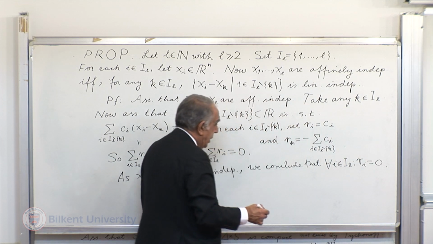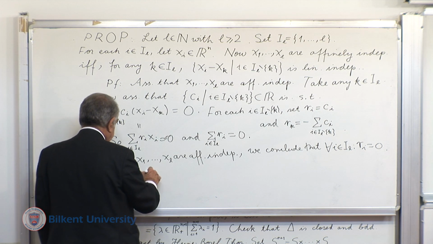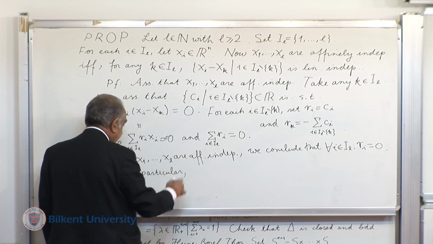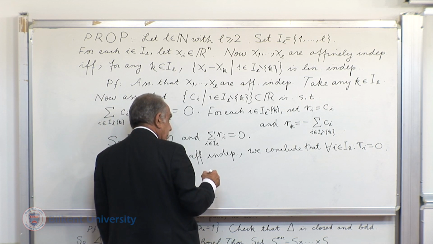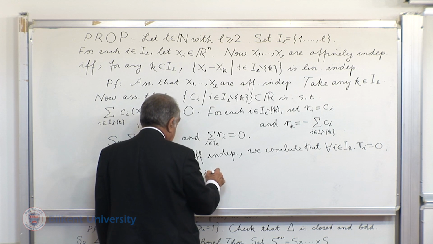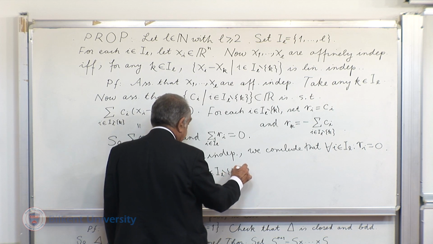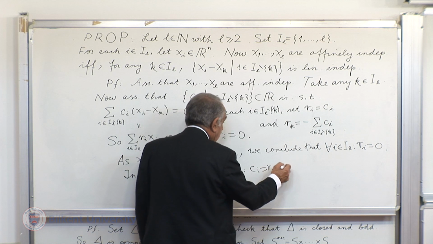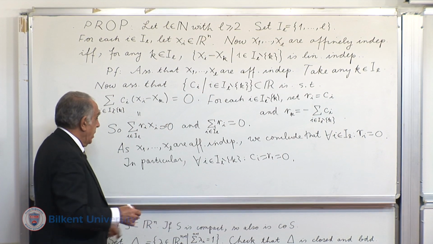So in particular, for all i in I_L minus k, c_i, that was r_i, is equal to 0.